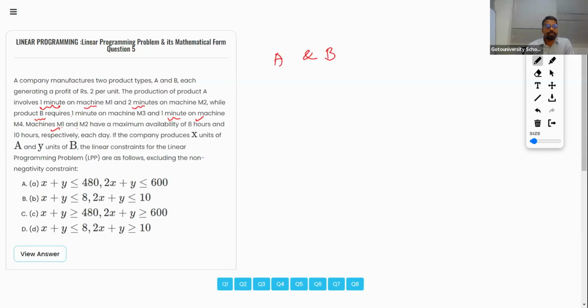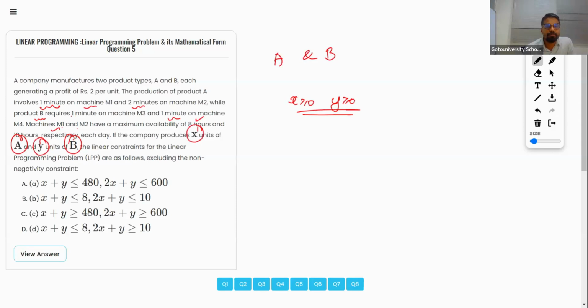What is the question? The company produces X units of A and Y units of B. The linear constraints for this are definitely X greater than or equal to 0, Y greater than or equal to 0. That's definitely there. And then our other condition is A and B, so we have to have X and Y units.